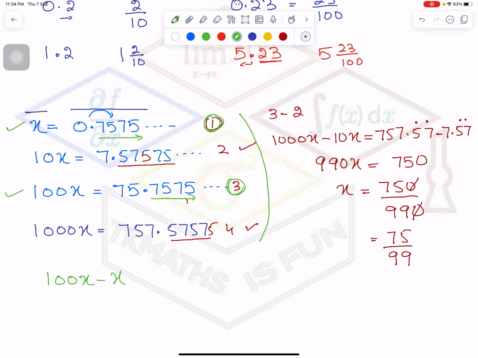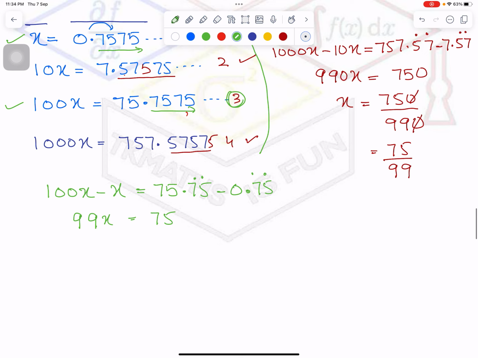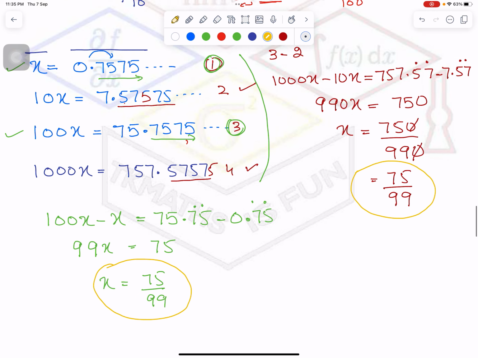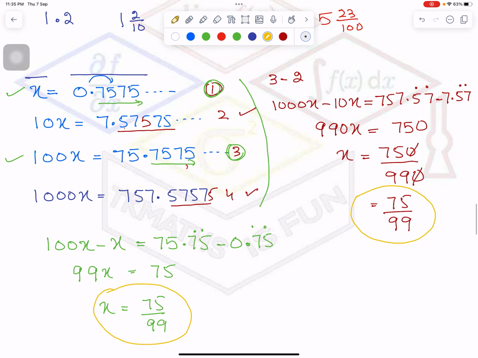It will be 75.75 with a dot on top of it, minus 0.75. So what did I get? This is 99x, and if you subtract, you will get 75. So x is equals to 75 upon 99. Can you notice this one and this one are same? So this is how you convert recurring decimal into fraction.